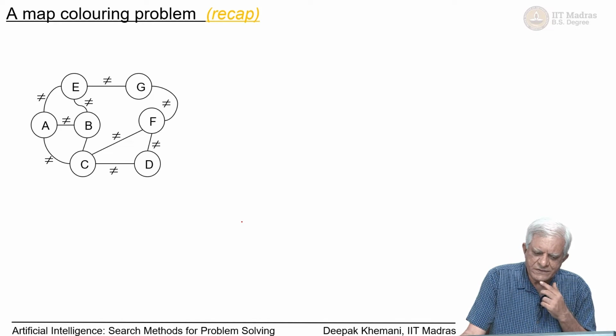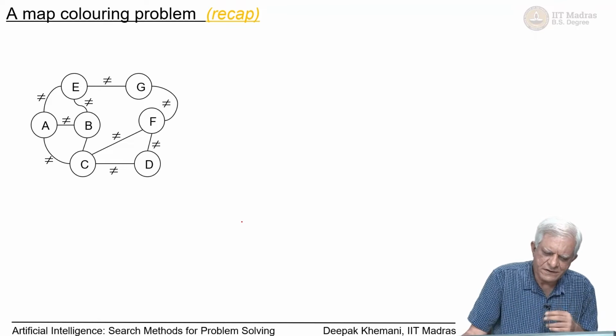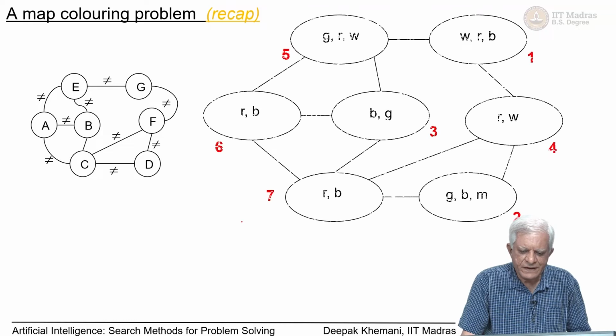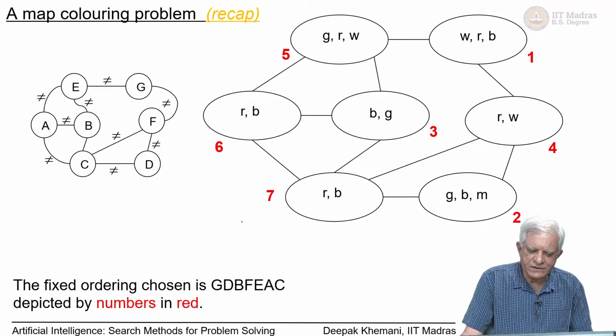So, let us look at forward checking with an example, our favorite example of map coloring. And so, this is a problem. On the left hand side is a constraint graph which tells you which variable is related to which variable. On the right hand side is the corresponding graph which we will now convert to a matching diagram, but which tells you what are the values in the various variables and also in what order you are going to look at those variables.